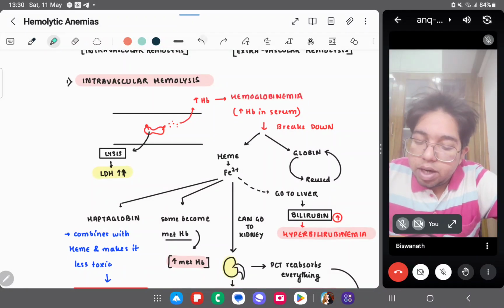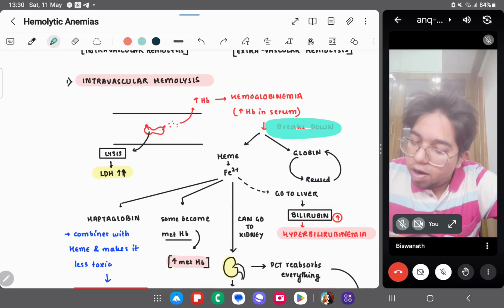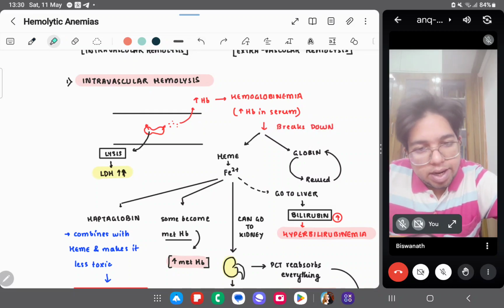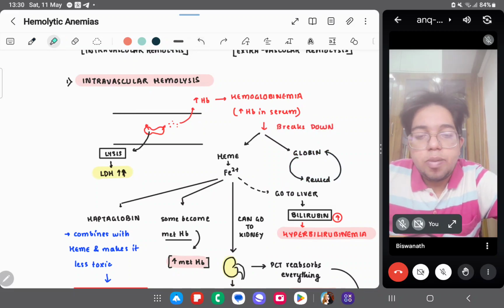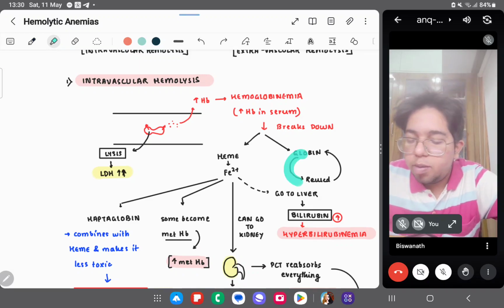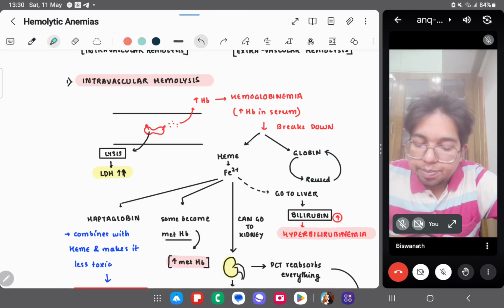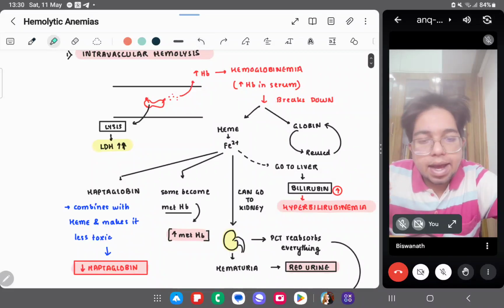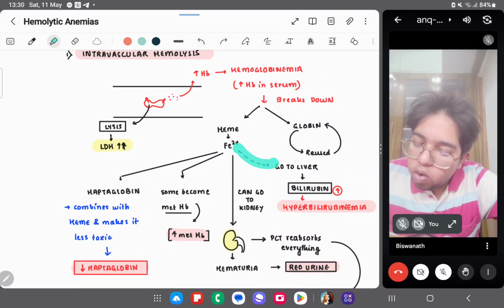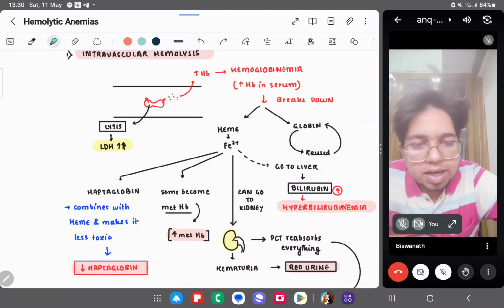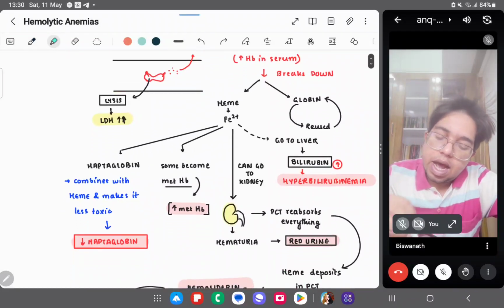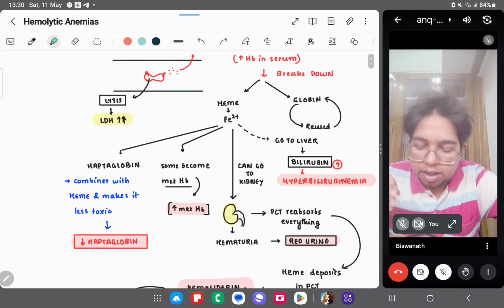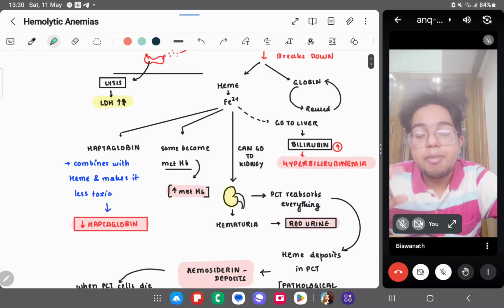If hemoglobin is released into the serum, it will obviously break down into heme and globin, right? So globin will go to the amino acid pool and be recycled. And this heme basically has iron. So iron will go to the liver. It has four fates basically. Either it will combine with haptoglobin.